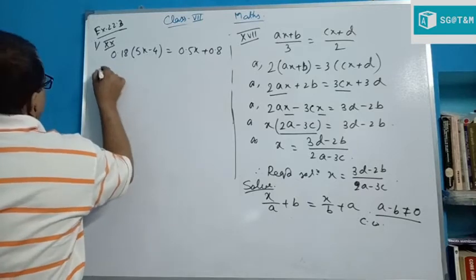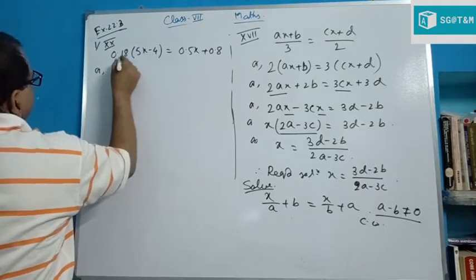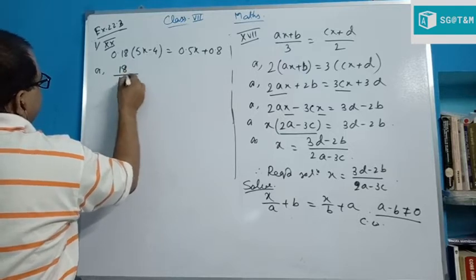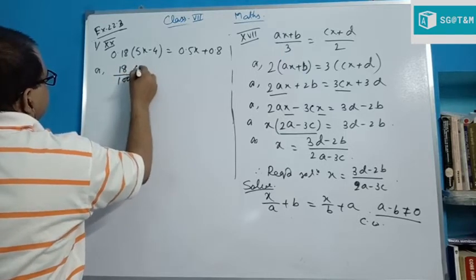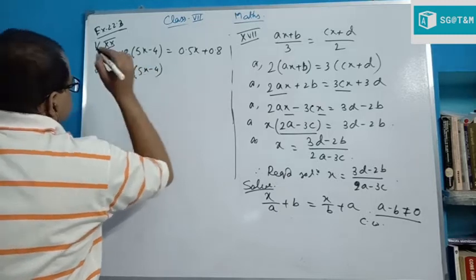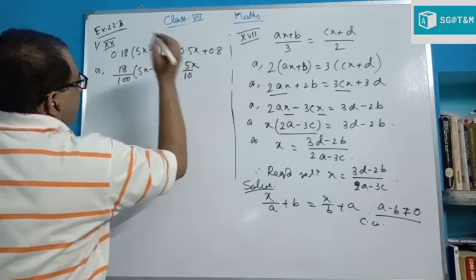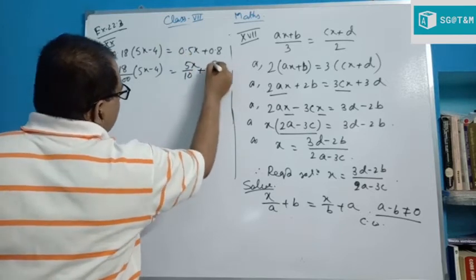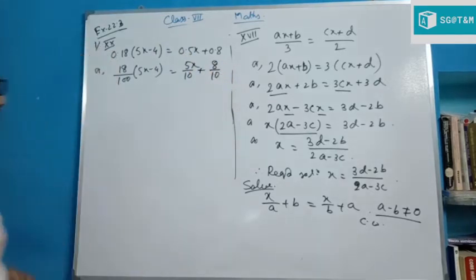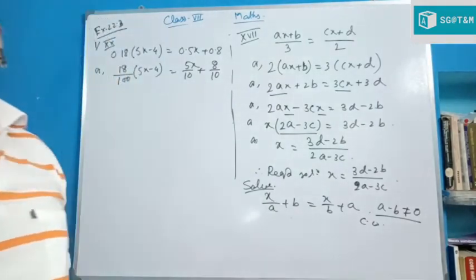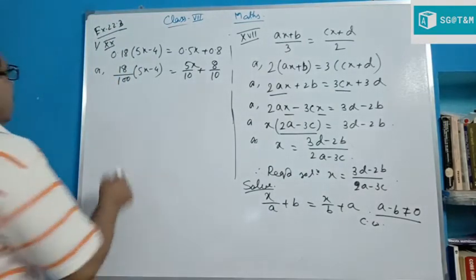Just convert into fraction first. 0.18 means 18 by 100. 0.5 means 5 by 10, that means 5x by 10, and 0.8 means 8 by 10. Okay. First, convert it into fraction.